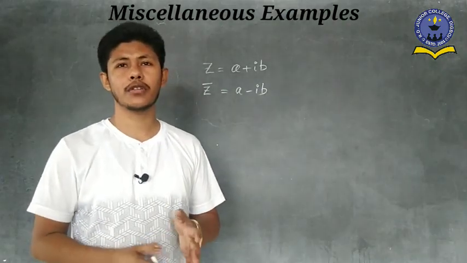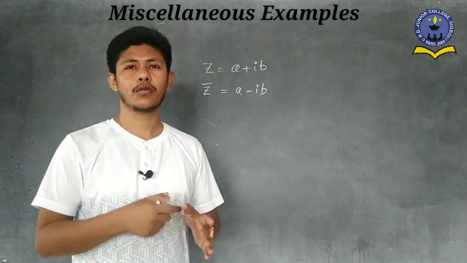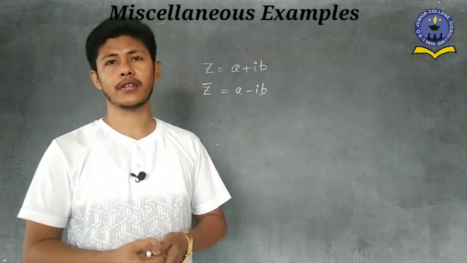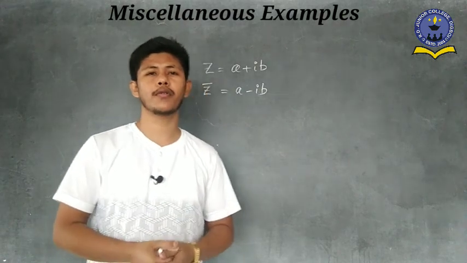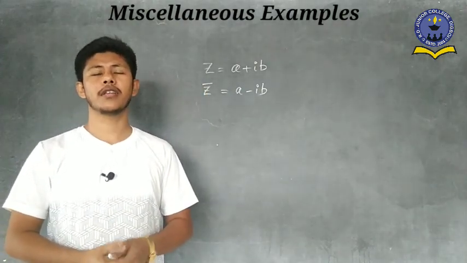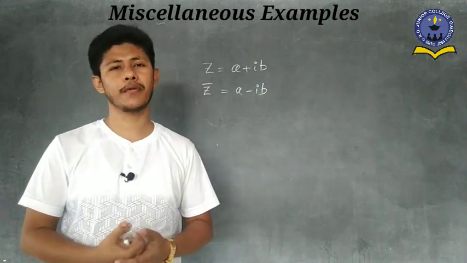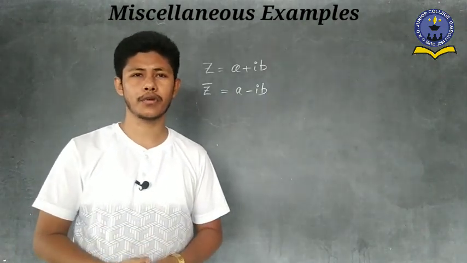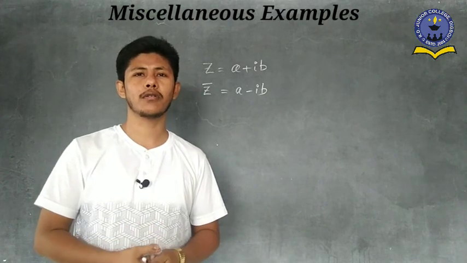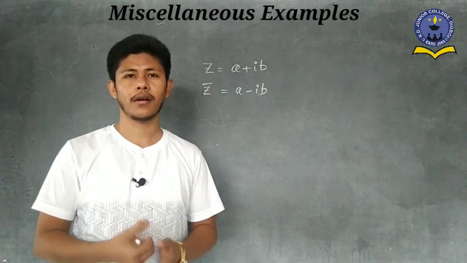So that means here the question is given: 3 minus 2i, 2 plus 3i. First of all, we have to convert this expression, whatever is given there, into a plus ib form, and after that we solve and convert it into conjugate form. Is it clear? Okay.